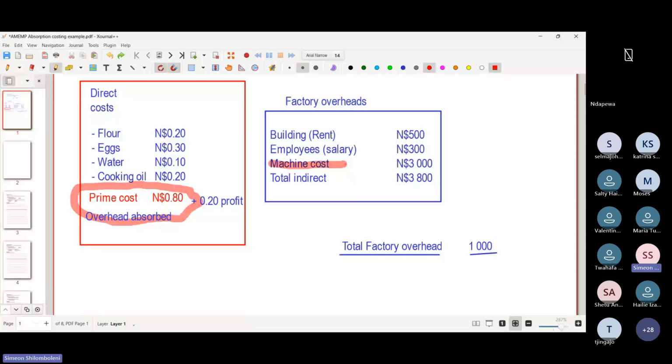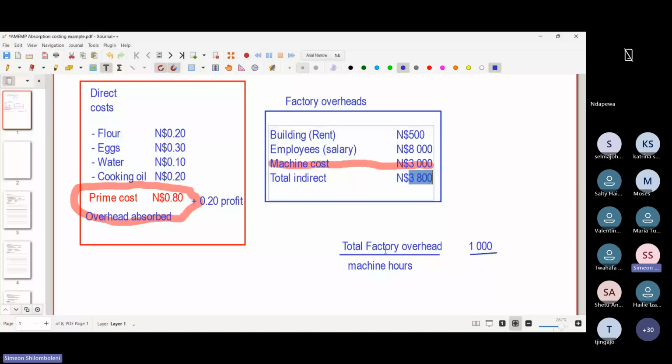So since it's made up of machines, it means you take your factory overheads divided by the number of hours that you take to produce these cakes. But if it's made up of labor, it means your salary here is probably 8,000. That means your factory overheads that you are going to have here, a big chunk is made up of labor, so it must be divided with labor.